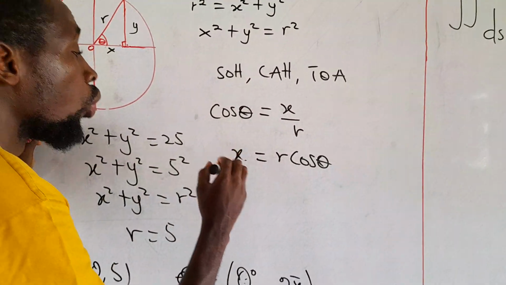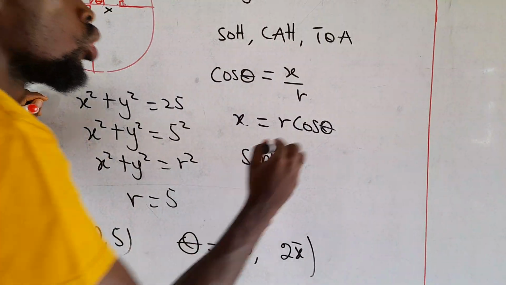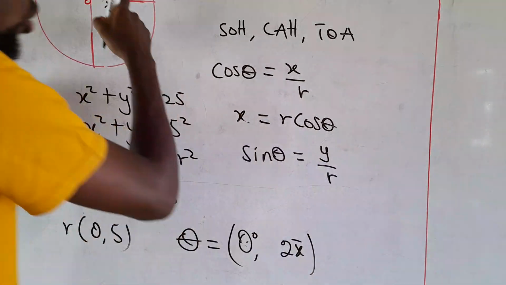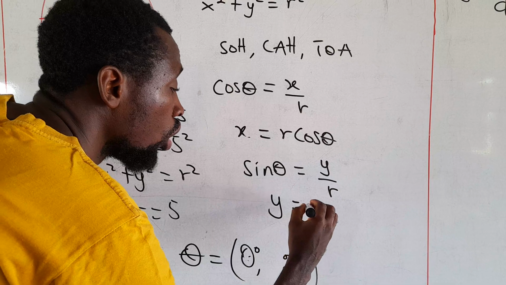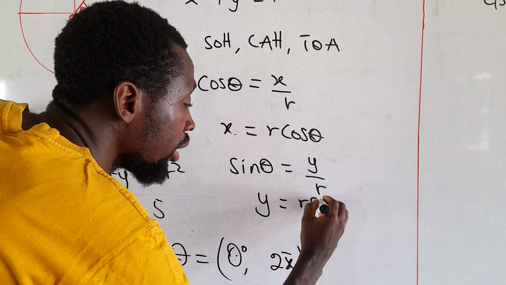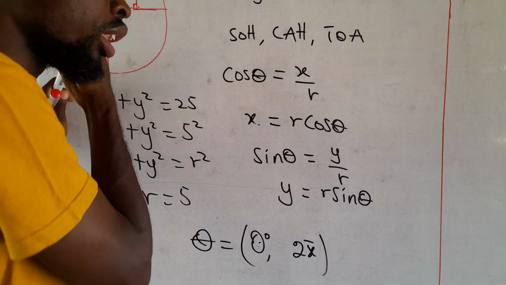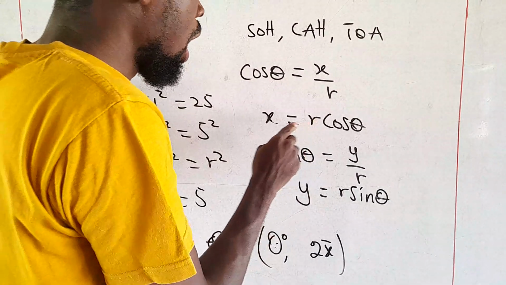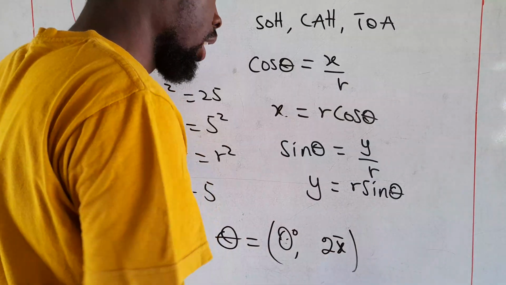Also, sin theta is equal to y over r from the circle. Then our y is equal to r sin theta. I hope you get that. So in switching, our x is r cos theta and our y is r sin theta.